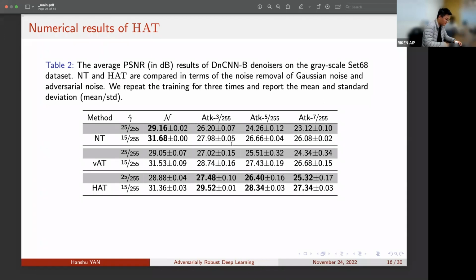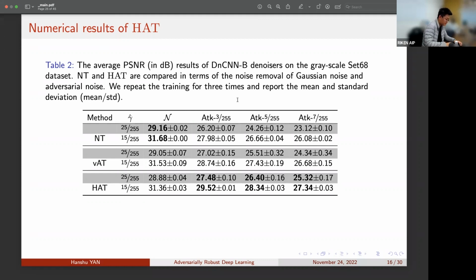Usually for a fair comparison, we make sure that the total noise strengths in the common noise and in the adversarial noise are close. For example, if we set the noise level to be 25 over 255, then we directly sample the Gaussian noise and add that into the common noise one.